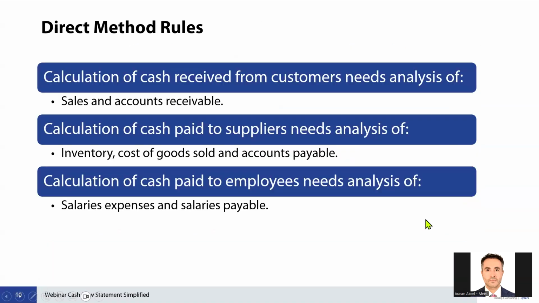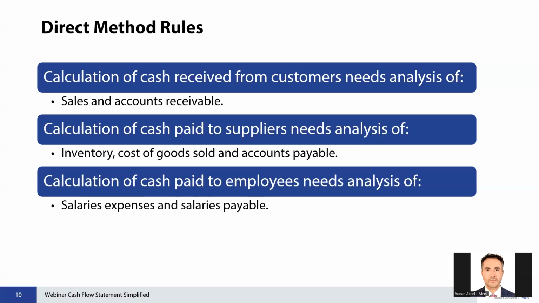Okay, now under the direct method, we know that we need to calculate the cash receipts from customers. In order to get into this number, we have to do some analysis between the accounts that are influencing the cash received from customers, mainly the sales account and the accounts receivable. When we talk about amounts paid to suppliers, how do we figure it out?